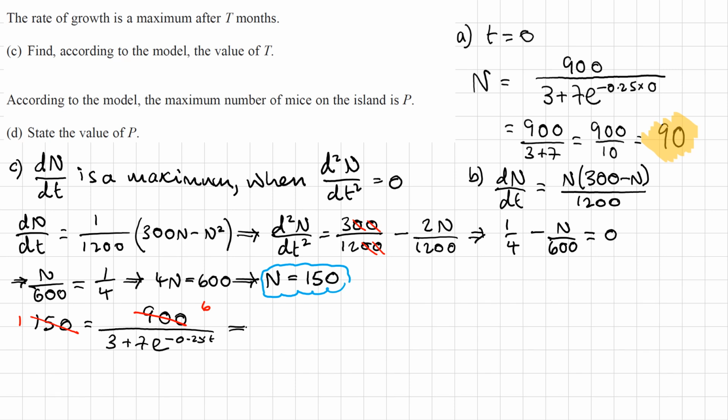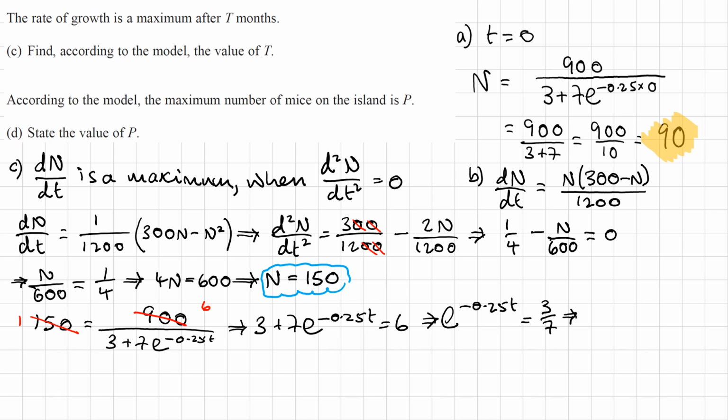And then multiply both sides by this denominator here. So I'll have 3 plus 7e to the negative 0.25t is equal to 6. Take away 3 from both sides and then divide by 7. So I'll have e to the negative 0.25t is equal to, so I'll have 6 minus 3, which is 3, divided by 7.